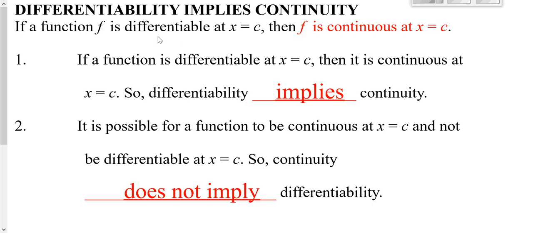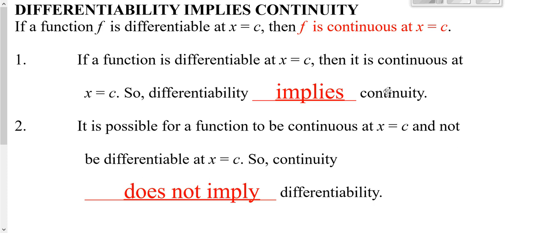So if your function is differentiable, meaning you could take the derivative, then it means your function is continuous. So if you can take your derivative and your derivative exists, that means your function is continuous at that point. So differentiability implies continuity.